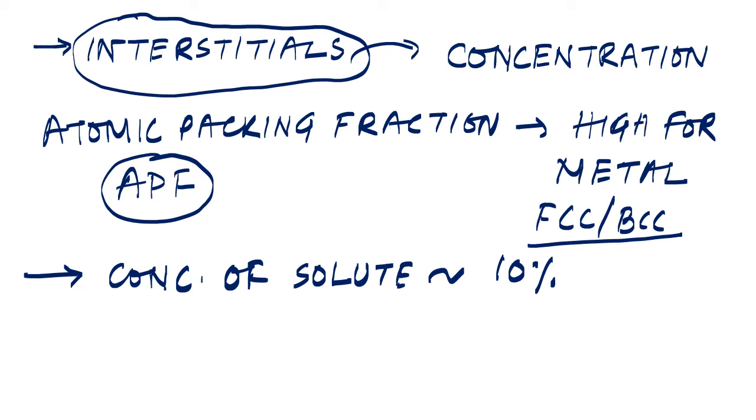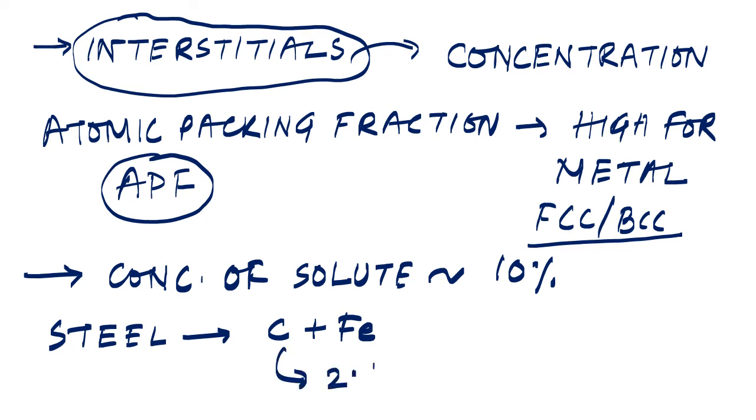Now if I take an example, for example, steel. Steel is nothing but carbon which is added with iron, right? And the maximum concentration of carbon in the iron is about 2%.